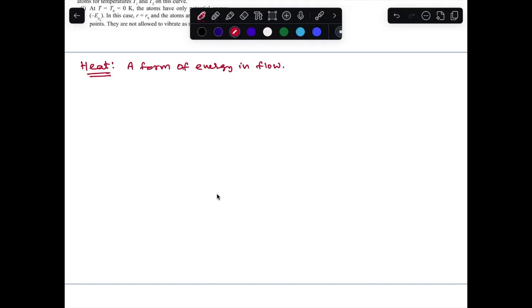Remember, when you say heat, it is energy only when it is transferred from one body to another body. What is the criteria for transfer of heat? Compulsorily, one body must be hot, the other body must be cold. That is the compulsion for you. But how to discriminate hot or cold?